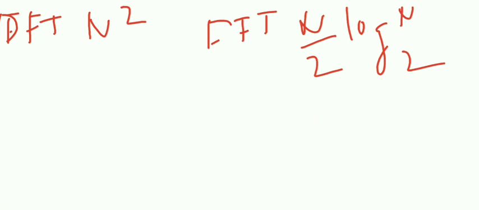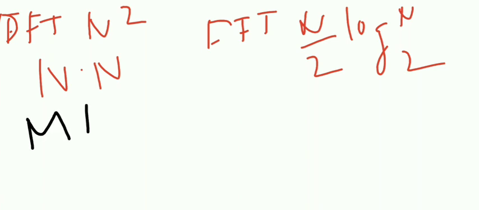So we obtain N multiplied by N. Here one N represents the number of samples and another N represents the N-point DFT. Here the number of samples we represent by M for analysis purpose. So if M is the number of samples and we want to calculate the N-point DFT, the total complex multiplication required is MN in DFT, whereas FFT depends purely on the sampling point N.